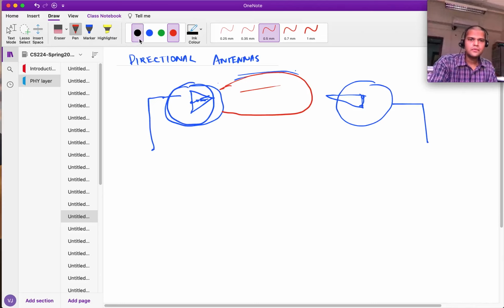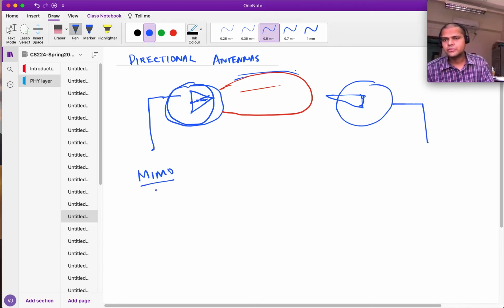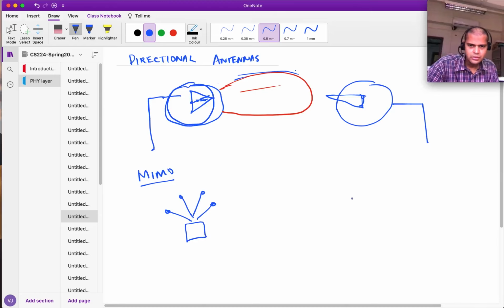Of course, now things are much more advanced, and those of you who might take communication courses in electrical engineering will learn about multiple input, multiple output systems. You can have multiple antennas, let's say 4 antennas at your transmitter, and multiple antennas at the receiver.